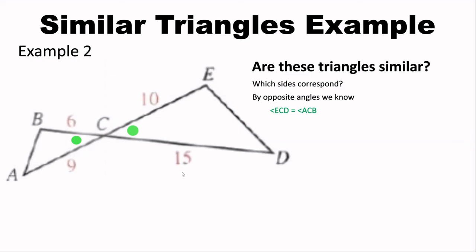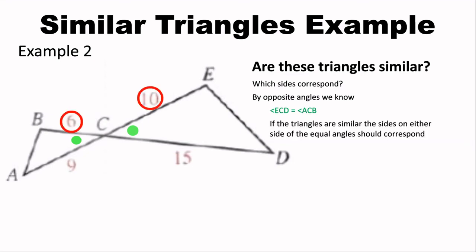I'm going to go ahead and make the assumption that the shorter side length of each triangle corresponds, so the 6, which is shorter than 9, corresponds with the shorter side length of the other triangle, so 10 is shorter than 15. So I'm going to assume that 6 and 10 correspond, and 9 and 15 correspond. If they don't, these are not similar triangles. If they do, well, they are.